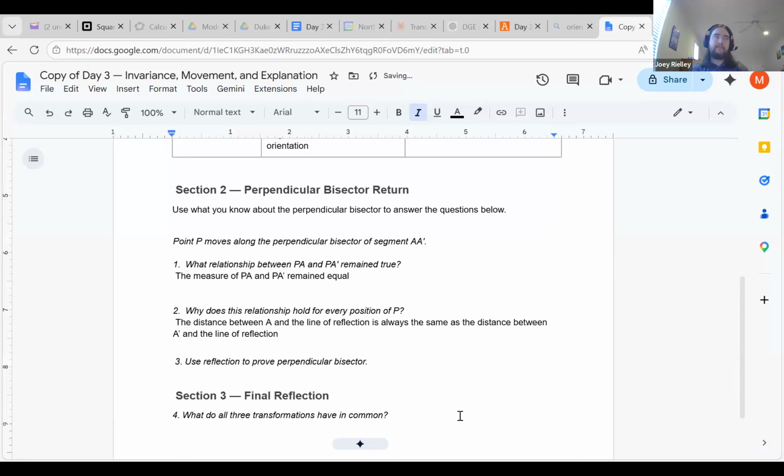And this is given that the line of reflection is a perpendicular bisector, right? Not given that, but you can show that, and we're going to show that in number three.